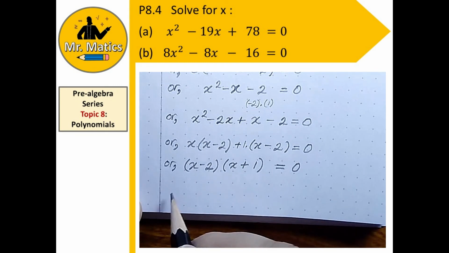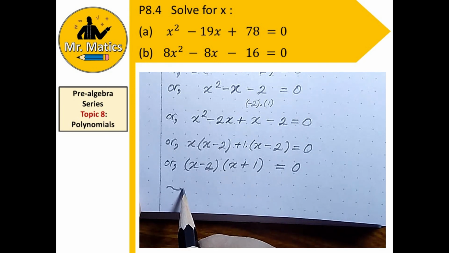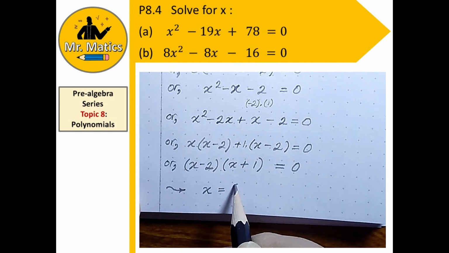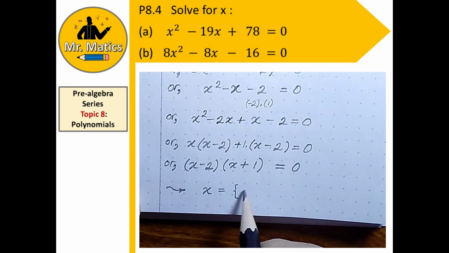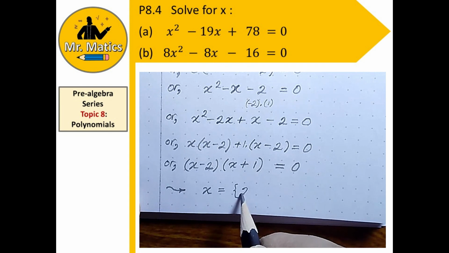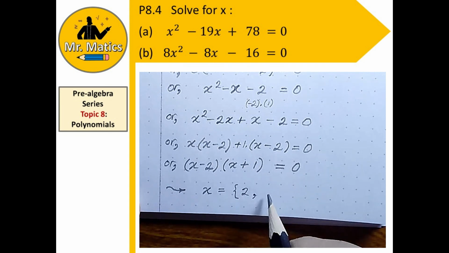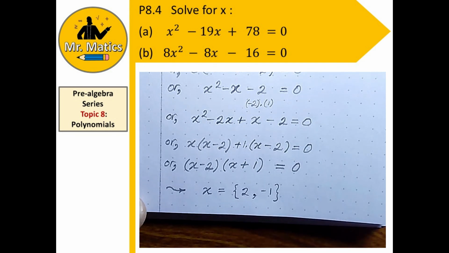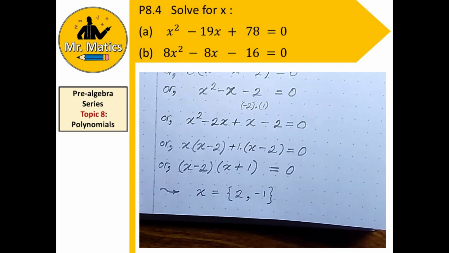So the solution, I would not have to write it again, but you can do it just as before. This implies that if I put this to 0, x equals 2. And if I put this to 0, it becomes minus 1. So that is your solution, 2 and minus 1.